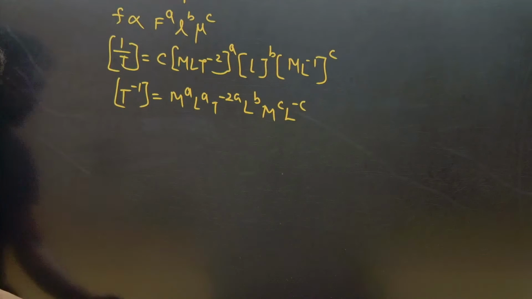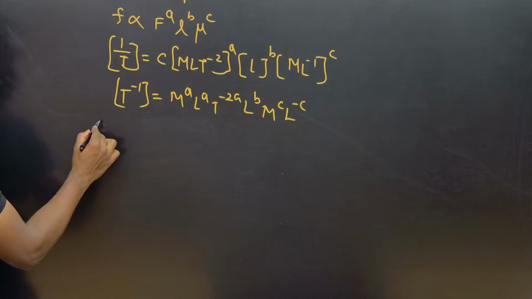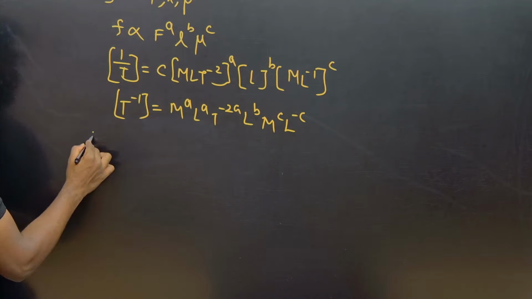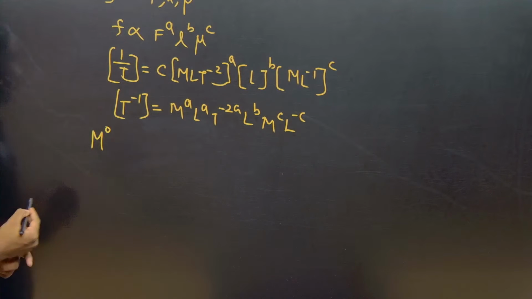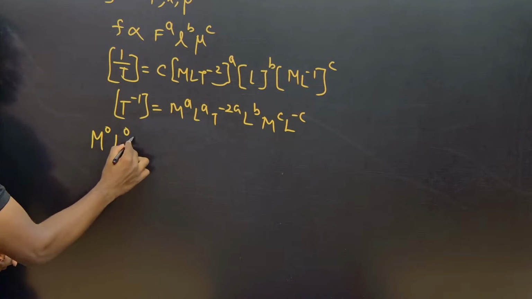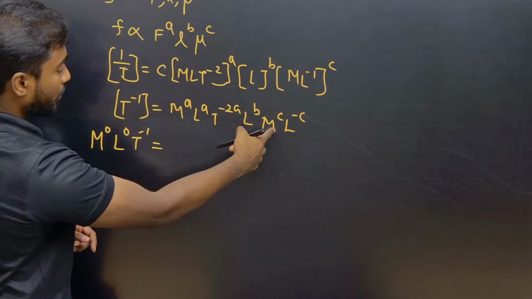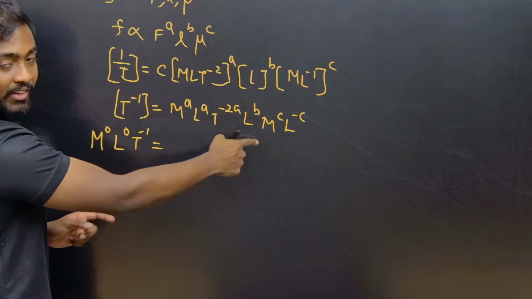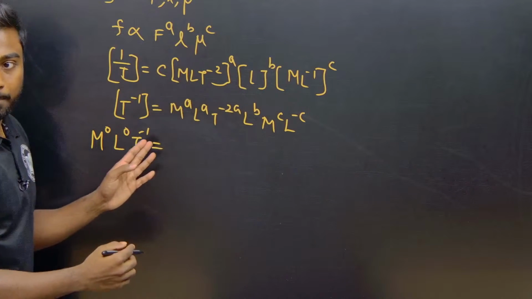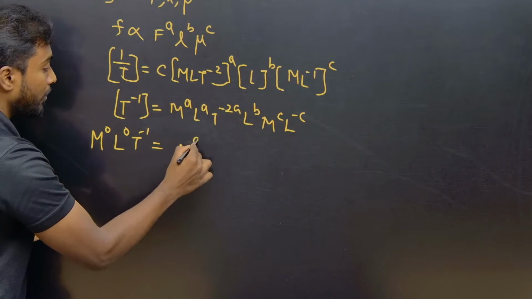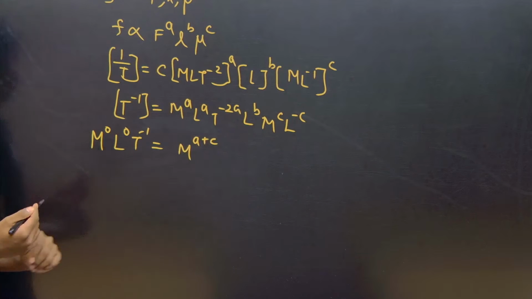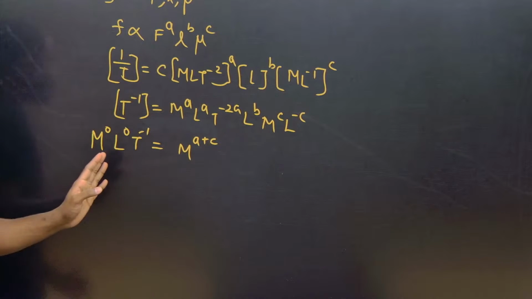Now what I can do here is M^0, L^0, T^-1 should be equal to, since 2 M's are there and the base is the same, I can add the powers, M^(a+c), that's what we have seen in the exponents and components.